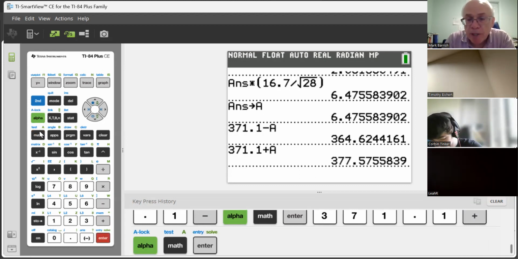And if you round to 3 decimal points, which again, I would like for you guys to do, unless I tell you otherwise, the lower endpoint is 364.624. The upper endpoint is 377.576. And that would be your answer.